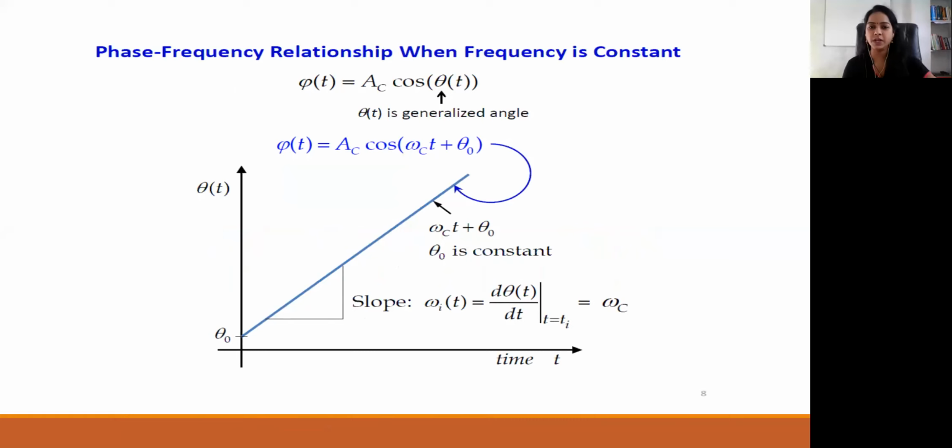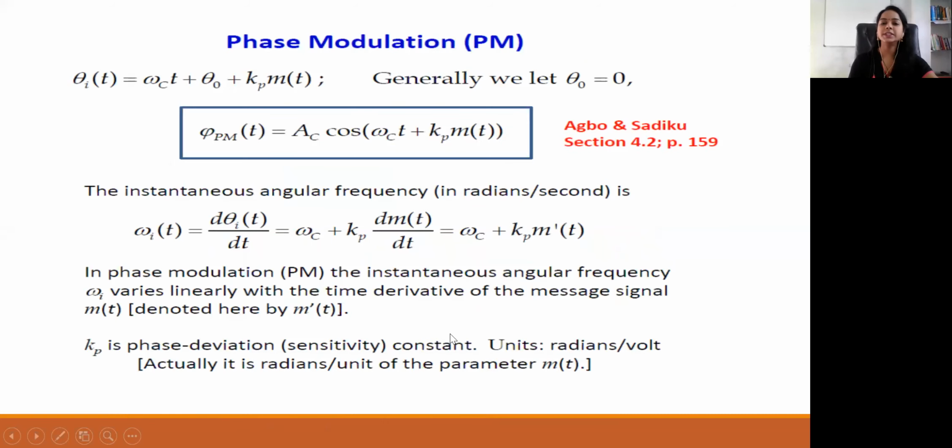This is the phase frequency relationship. Here frequency is kept constant, and phase is varying. Which thing? Theta t is varying with instantaneous time. So this is the frequency derivation, or the spectrum, how the modulated signal looks like.